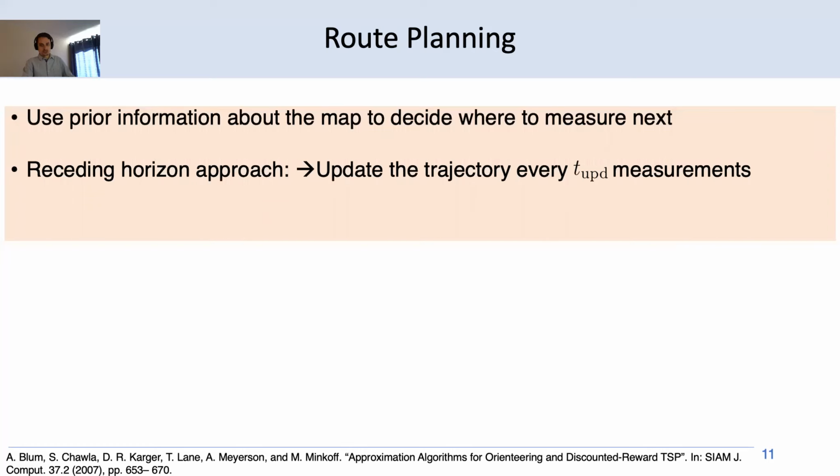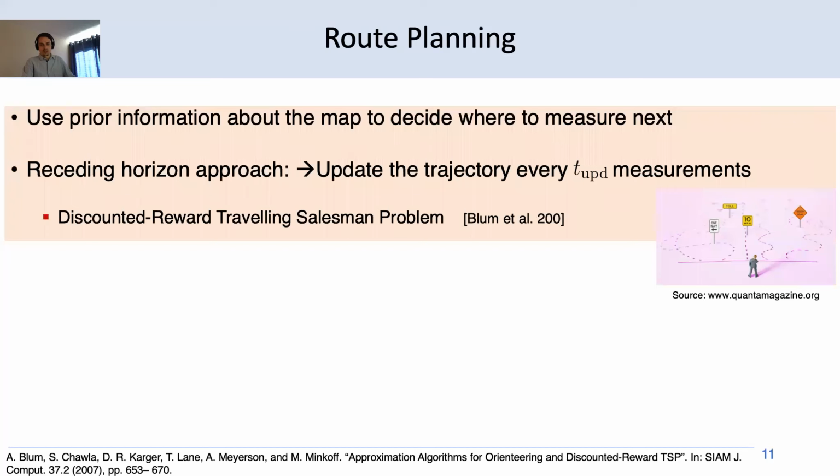This uncertainty reduction can be seen as a reward that the UAV collects every time it visits a location for the first time. Thus, one can naturally formulate the trajectory planning problem as the so-called discounted reward version of the traveling salesman problem. The discount in this case is used to encourage the UAV to first visit those locations with highest reward, thus approximately minimizing the map uncertainty for a given measurement time.